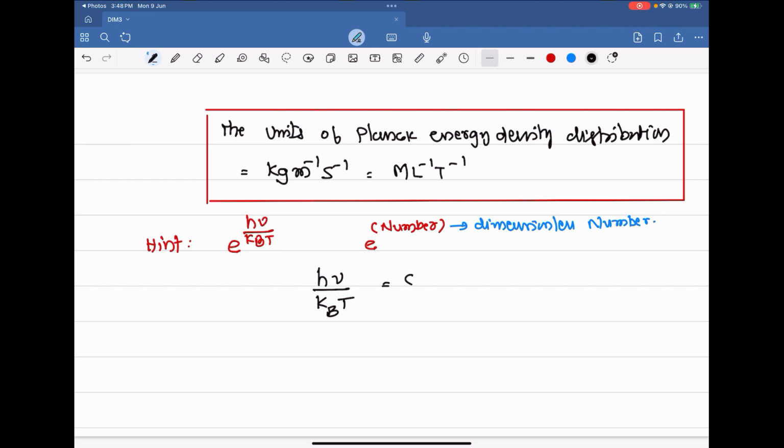It's a number, some constant, which implies dimensions of h nu is equal to dimensions of kb into t, where kb is the Boltzmann constant. Then Boltzmann constant dimensions will be h nu by t. I will be discussing further in the next class.